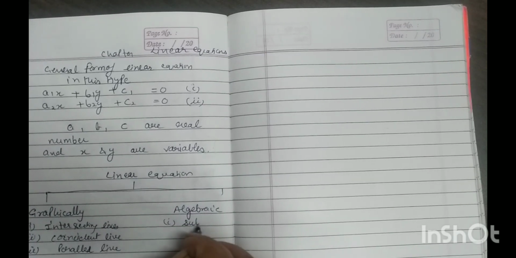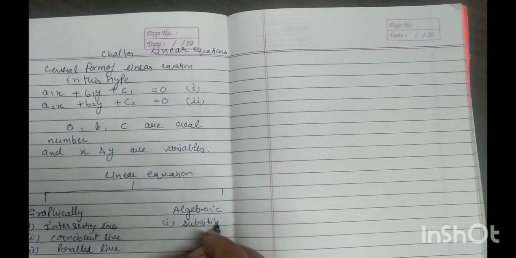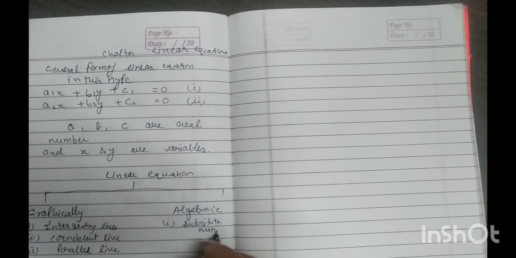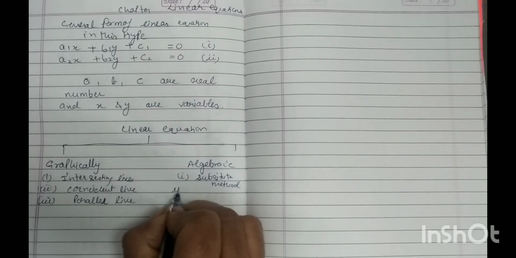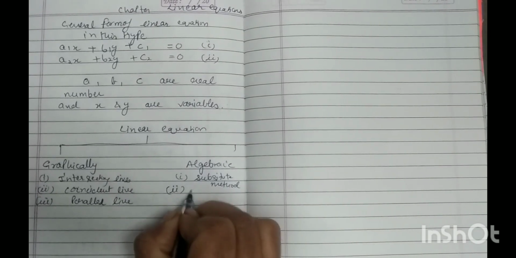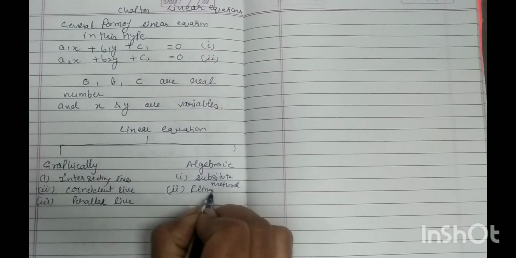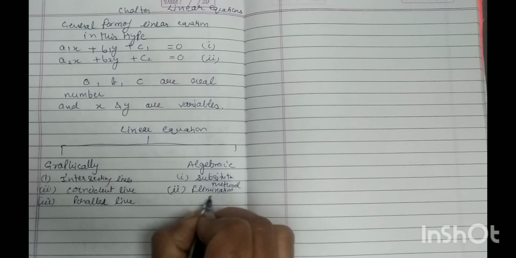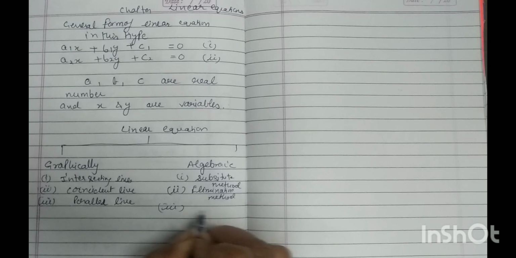First is substitution method, second is elimination method, and third is cross multiplication method.